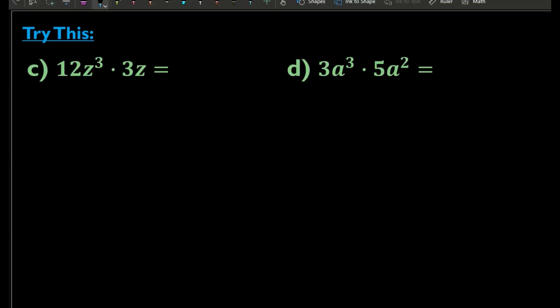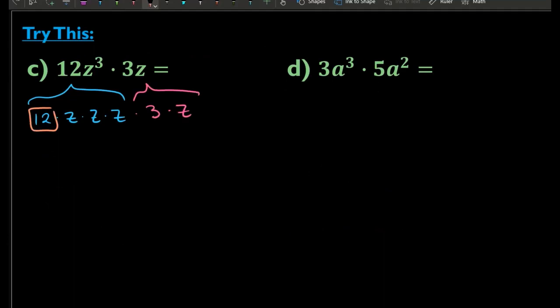So C, the long way, I'm going to do it right now: 12 times z times z times z, and 3z can be rewritten as 3 times z. Then I'm going to work with the whole number first, the coefficient. 3 times 12, or 12 times 3, is 36.